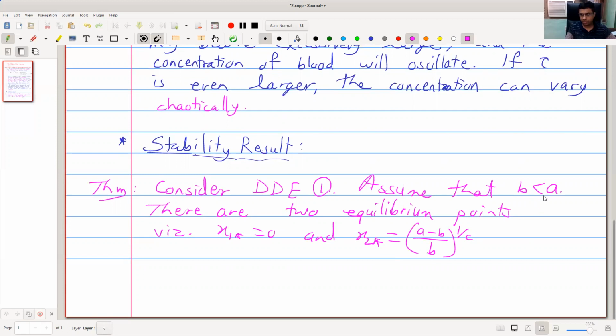Okay, we are assuming b is smaller than a so that this will be a real number in general. Otherwise, if b is greater than a, then a minus b will be negative and that raised to 1 upon c may not be a real number. For example, if c is 2, then it will be a complex number.